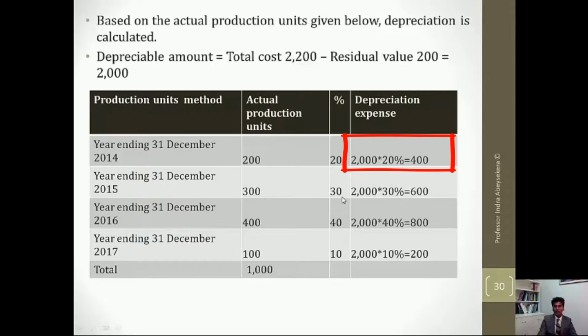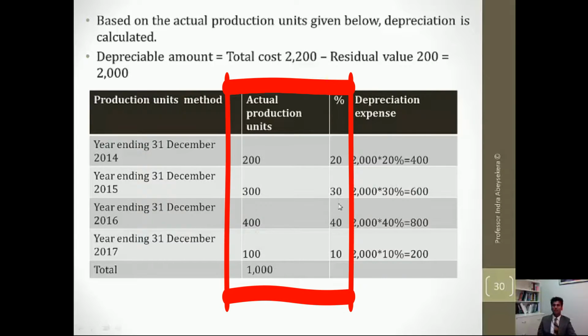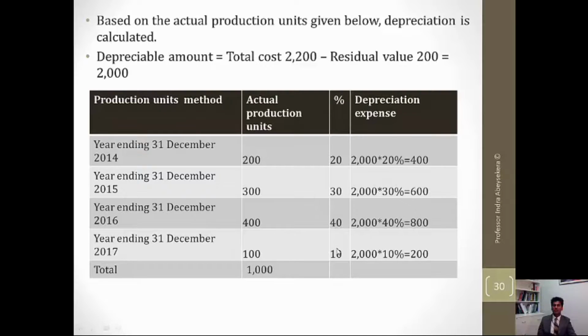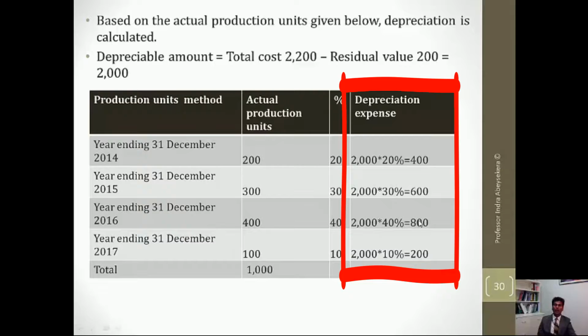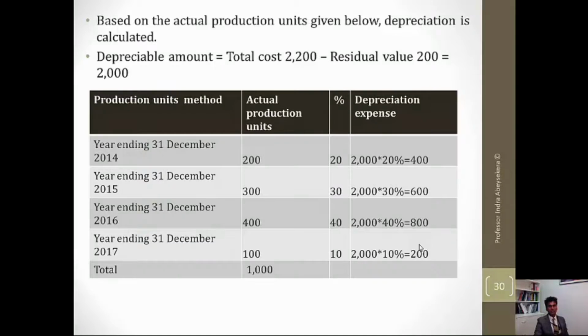We apply that to the depreciable value in the second year, and that's 300 over 1000, 30%, and we apply 30% to the depreciable value, 600. And depending on the actual number of units produced, these percentages in given years can change. So we can see that depreciation expense is less and more, and it's quite random in different years. There's no set pattern.